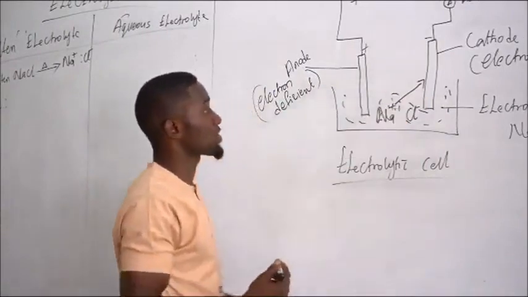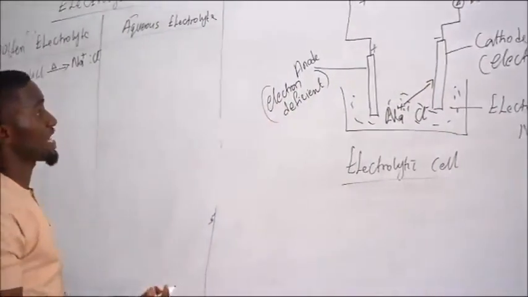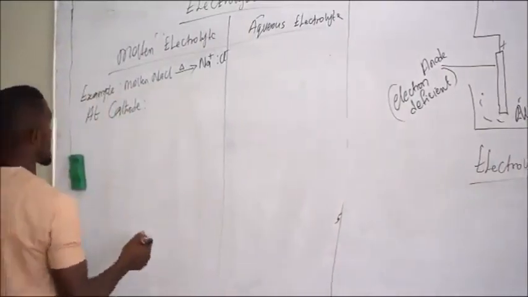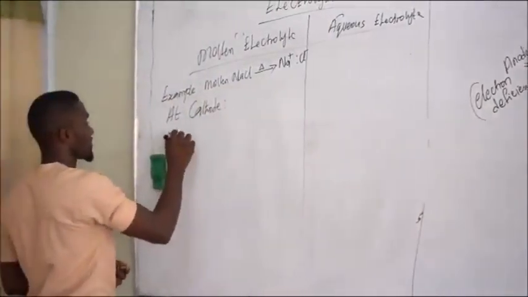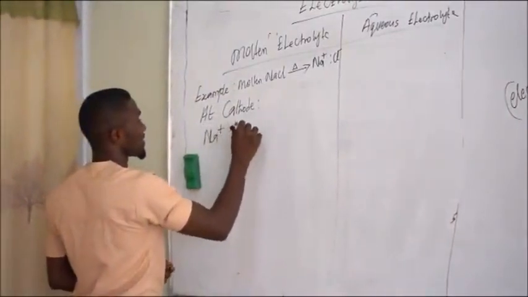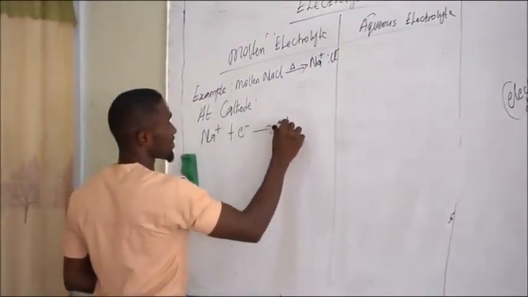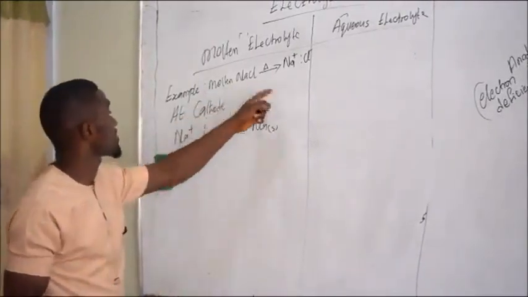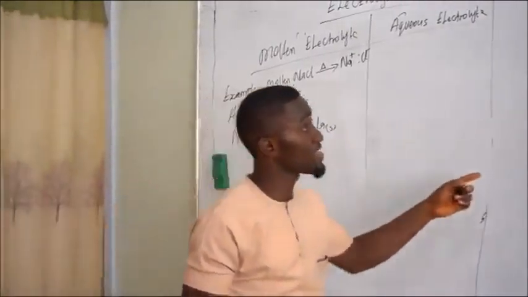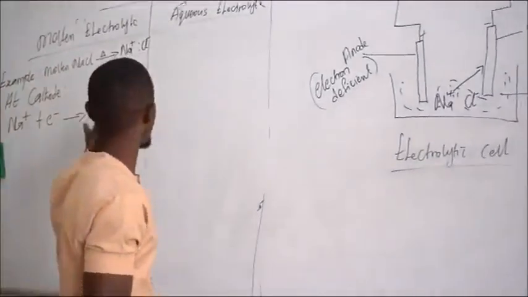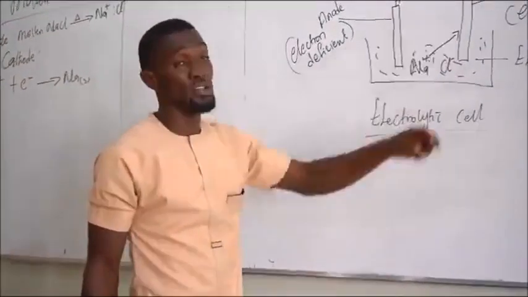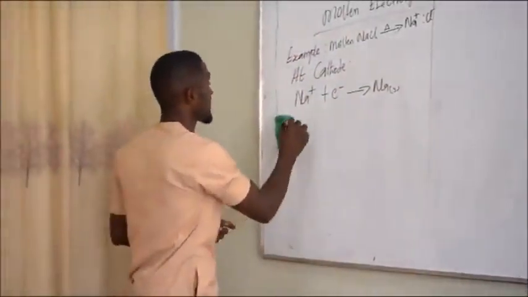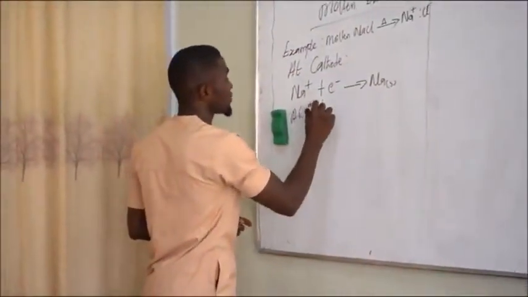When it migrates to the cathode, due to excess of electrons at the cathode, it gains an electron and is deposited as sodium metal. So, in relation to molten sodium chloride, the sodium ion is deposited as sodium metal at the cathode. Then, at the anode.